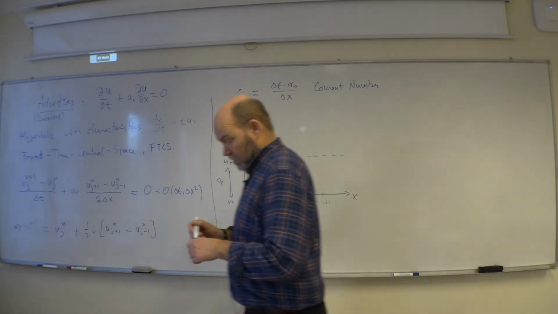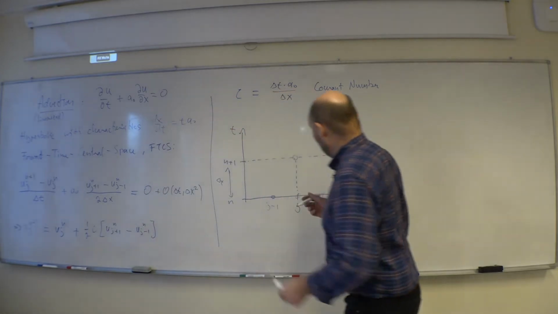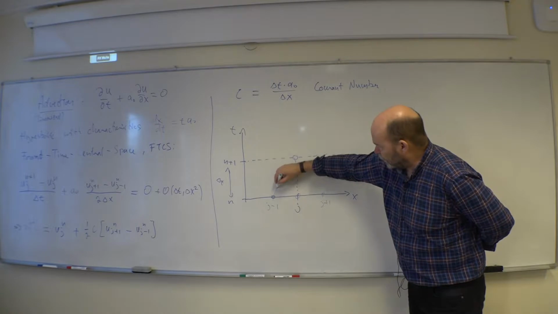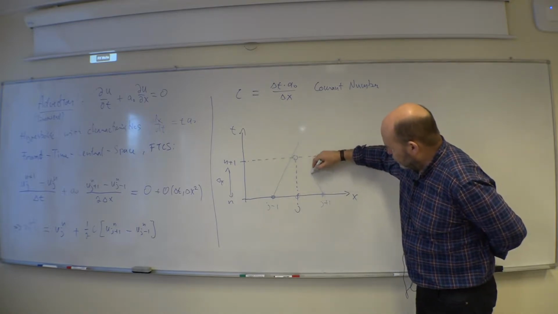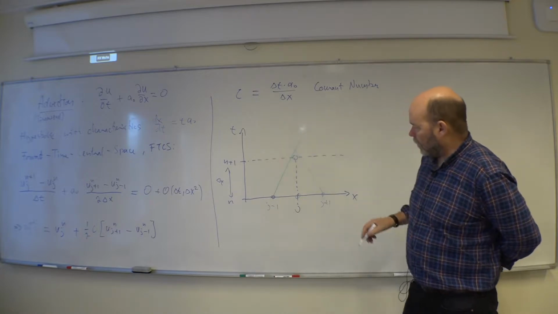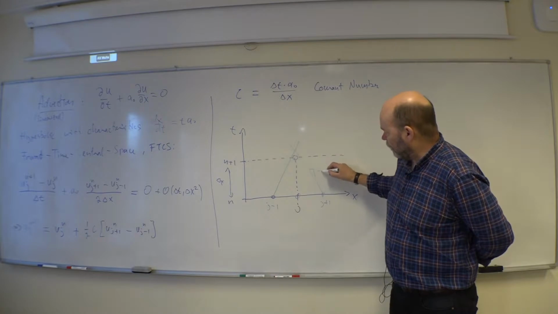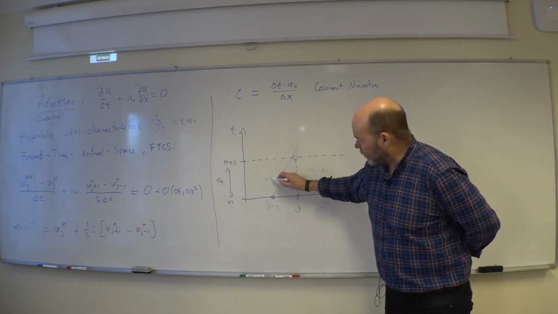If your characteristics do not go below this point, if the characteristic curves go something like this or like this, then it's okay. Here the slope will be minus a0. Here the slope will be plus a0.